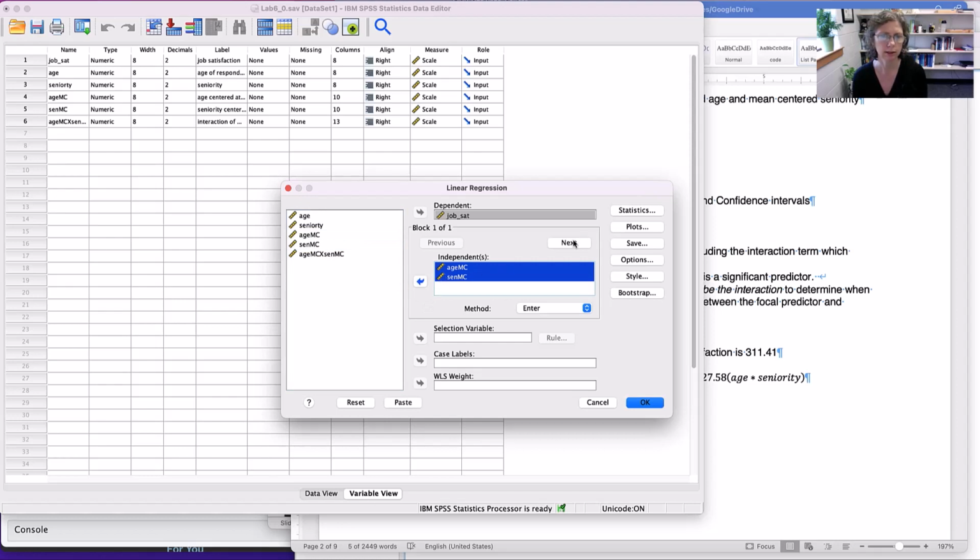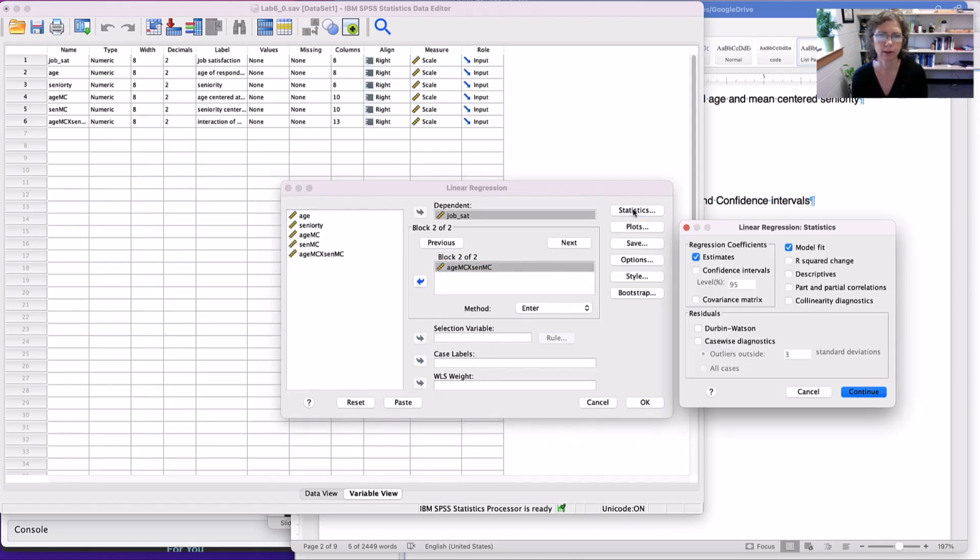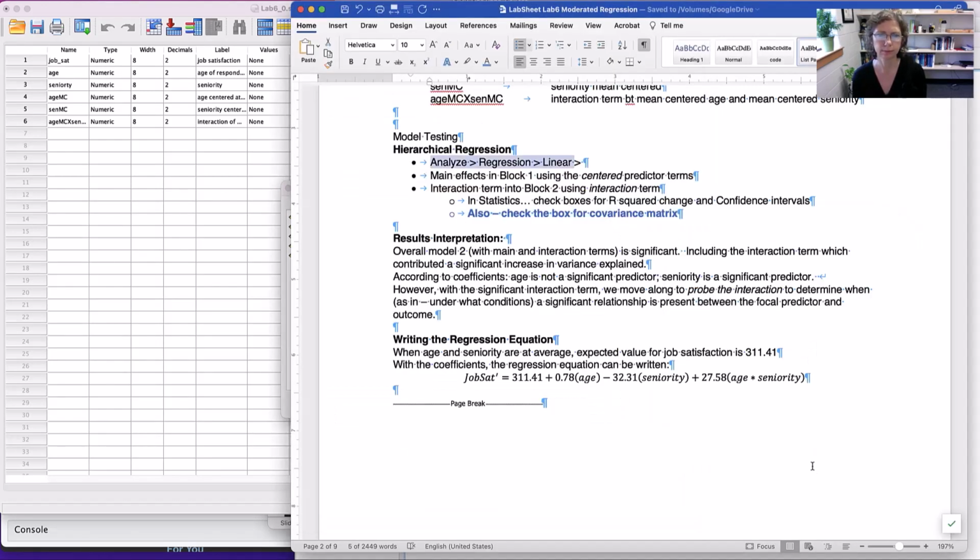And then next, for my next block, I want the interaction term in block 2. In statistics, I'm going to want confidence intervals and R-square change and the covariance matrix. We'll use that later as one of our options for probing the interaction. So I think that's all I need there.